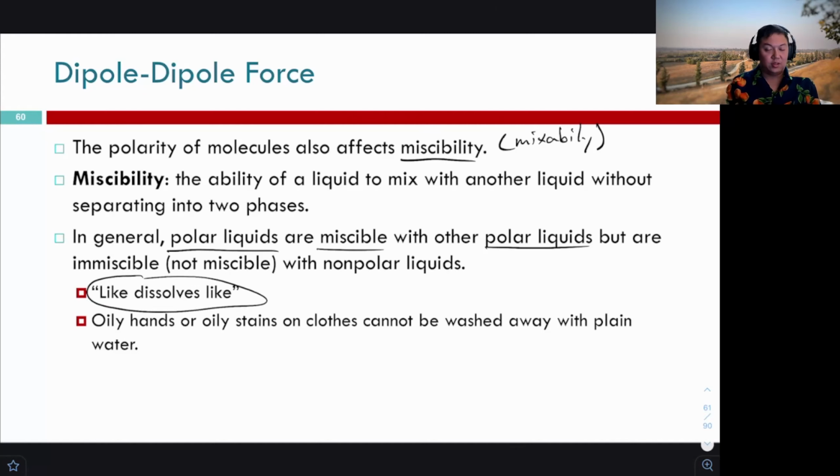So like dissolves like. This is why you can't wash dishes, for one thing, or oily hands or oil stains on clothes, without using some kind of surfactant, which we did talk about at the end of one of the chapters.